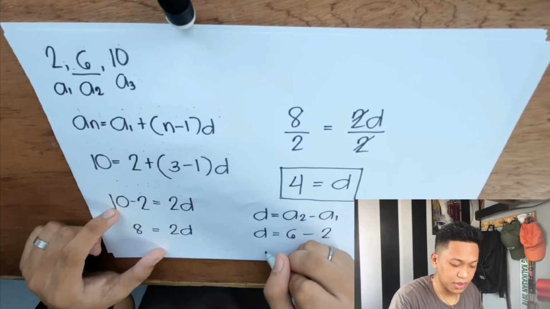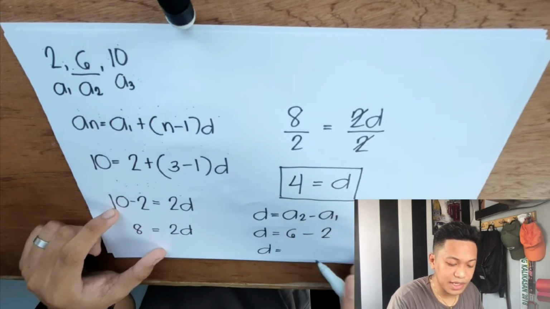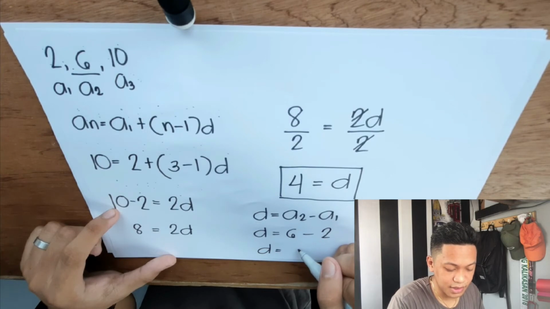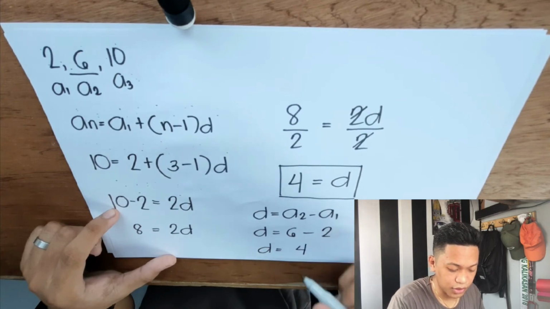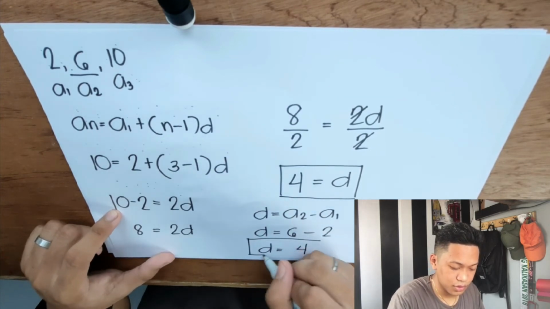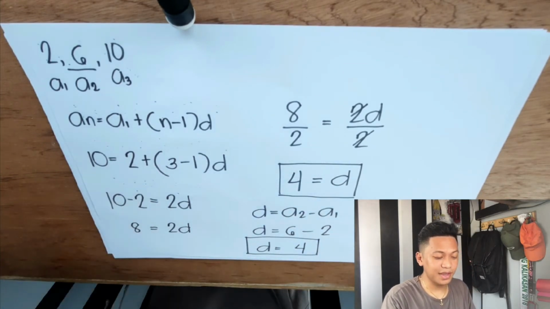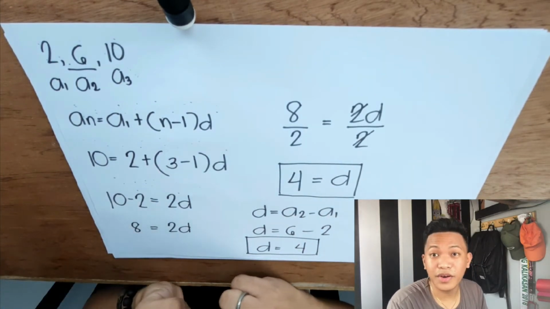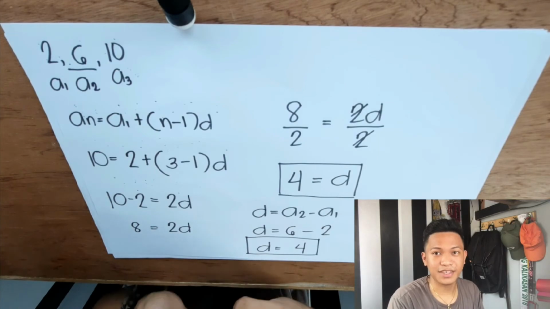So, magiging d equals 6 minus 2, which is 4. So, yan. We can say that our arithmetic mean is correct.